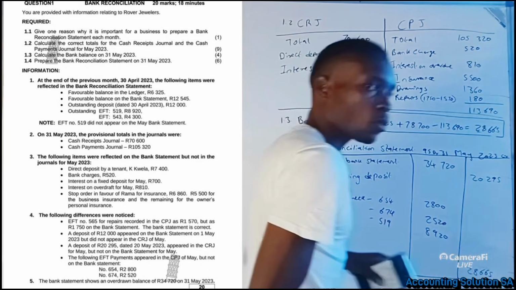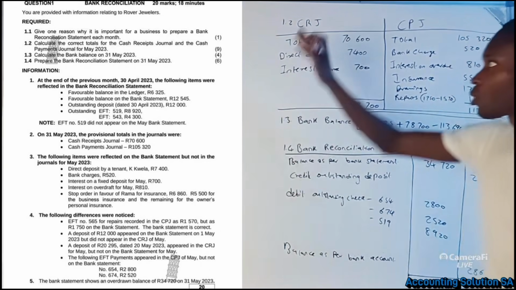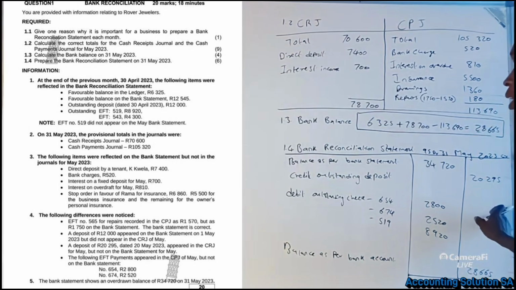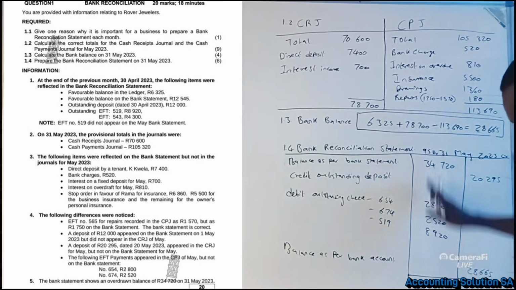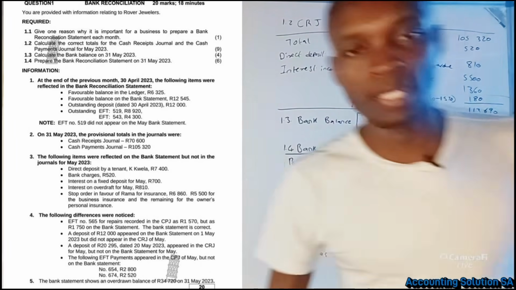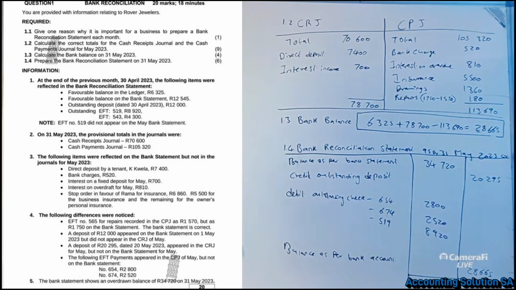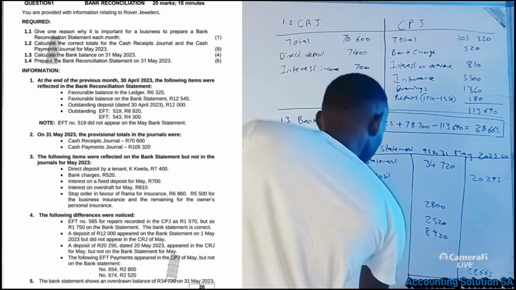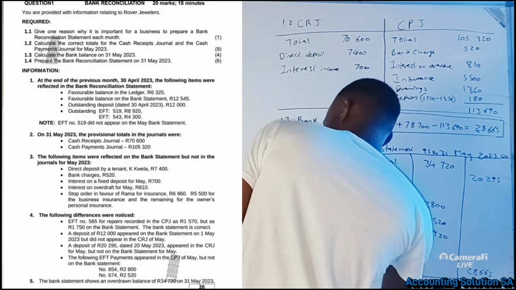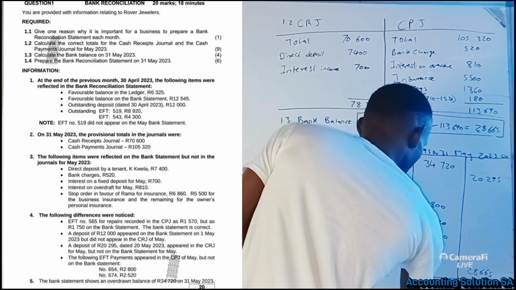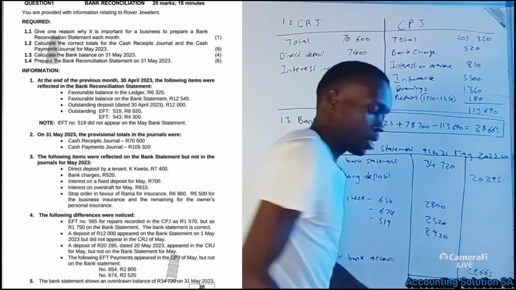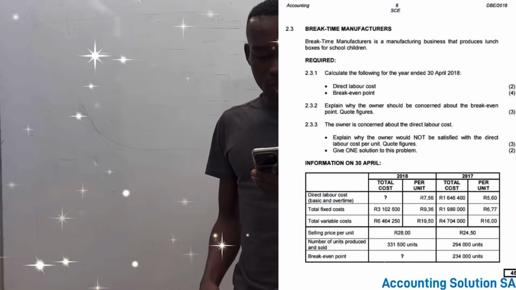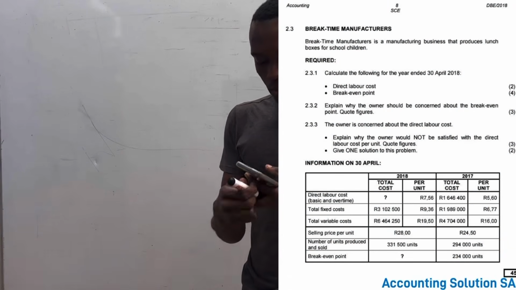You have to make sure that when you record, they have to swap the side. What you record on the debit here you record on the credit, credit on the debit, just like that. So if you calculate these two, this side and this side, you will find that the balances are the same. Okay, it will give you 48,960, just like that. It was question 2.3.1.